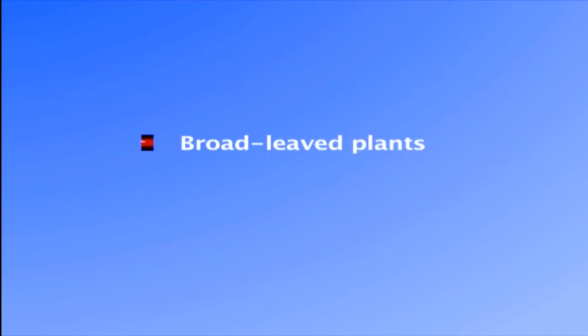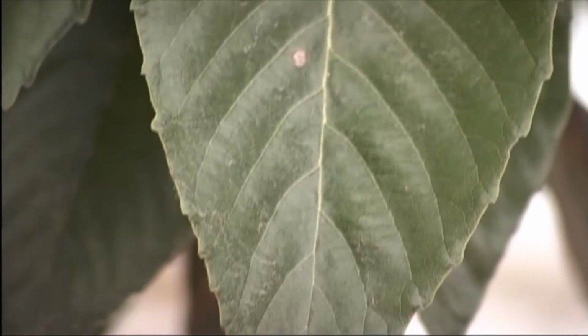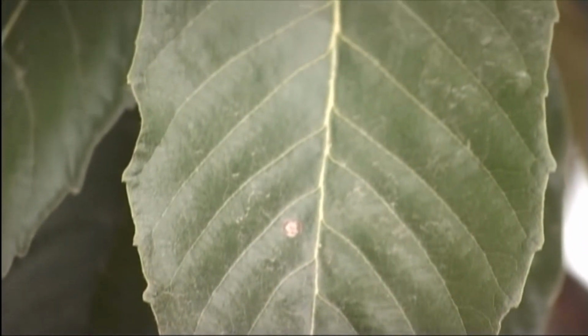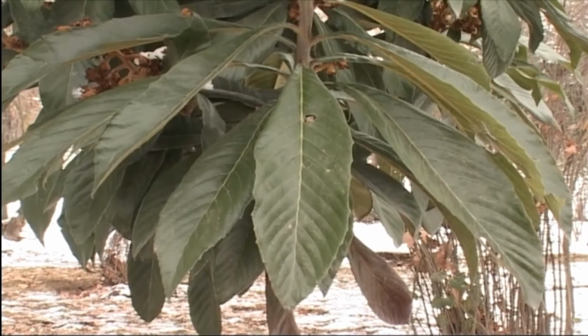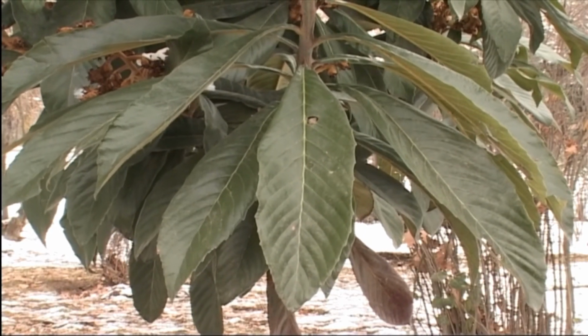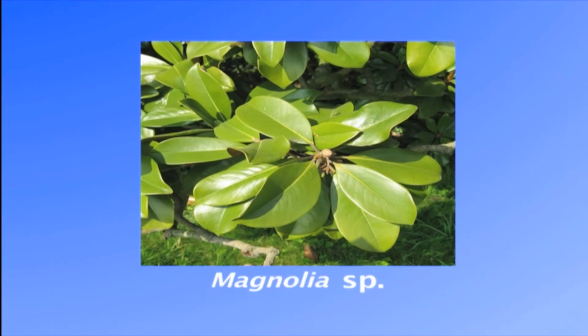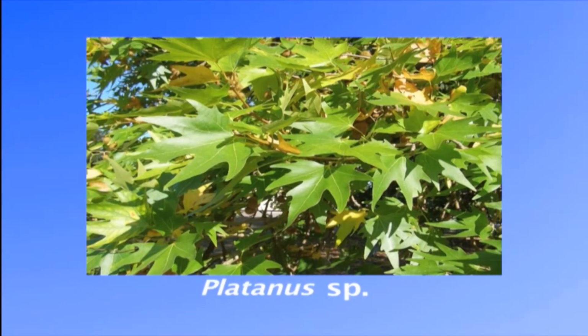Based on their leaf morphology, the woody perennials are also classified into two groups: broad-leaved plants and narrow-leaved plants. Broad-leaved woody perennials bear leaves which have a broad blade or lamina, as we can see in magnolia and platanus.